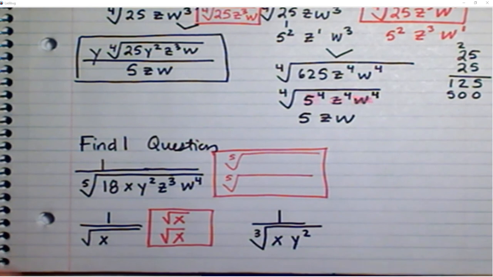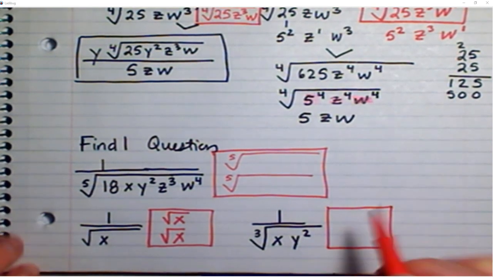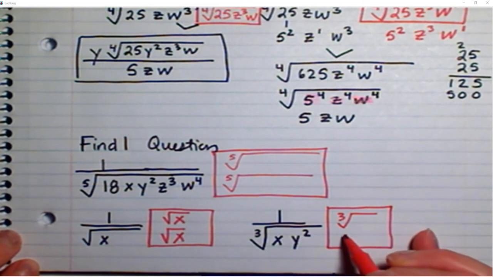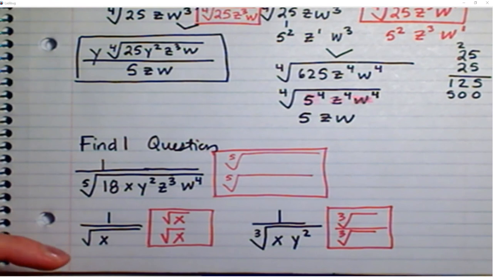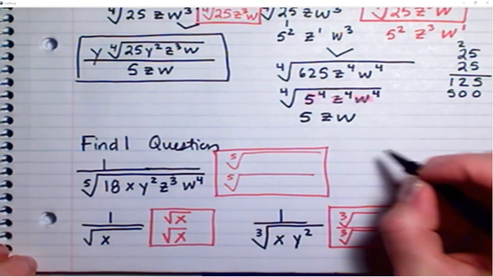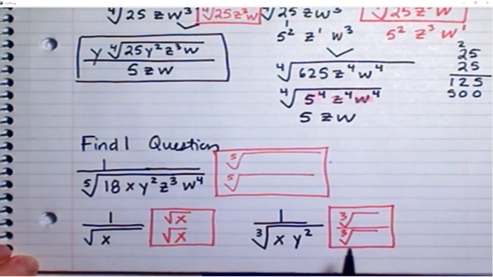Okay, what would go here? All right, can you figure out what goes in each of these 2 boxes? See you next class.